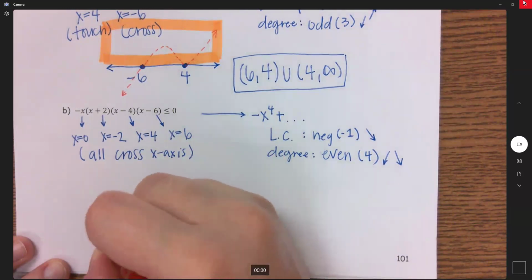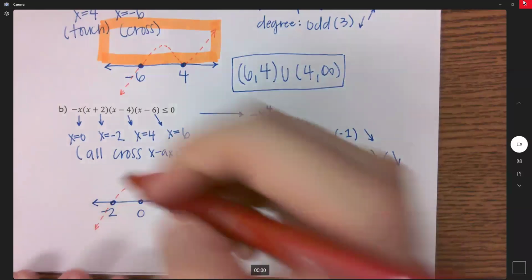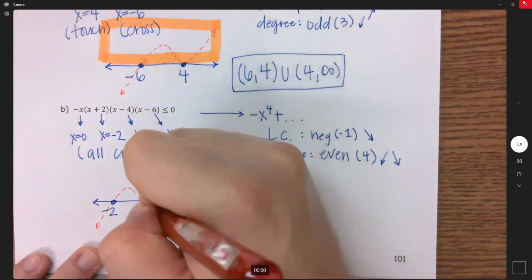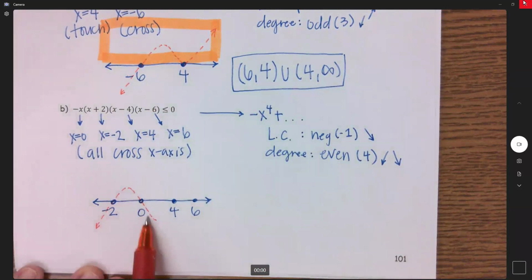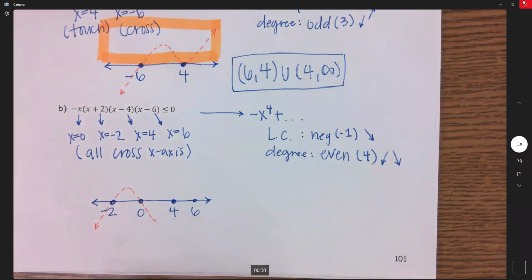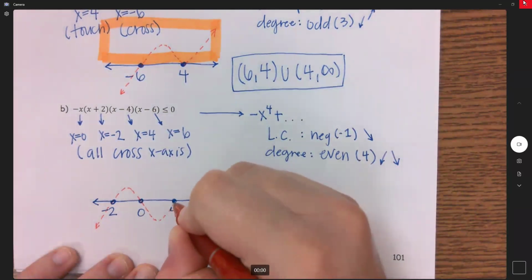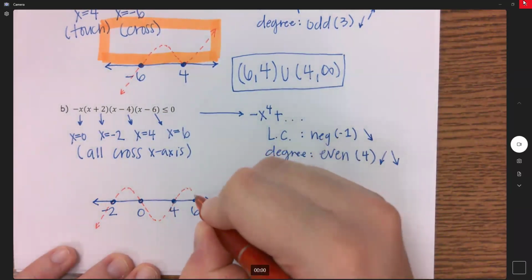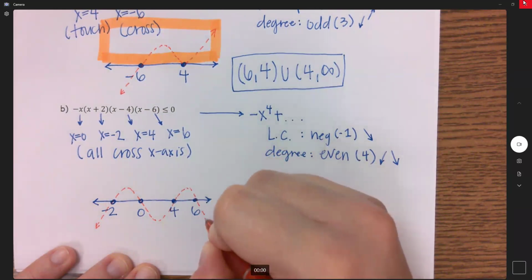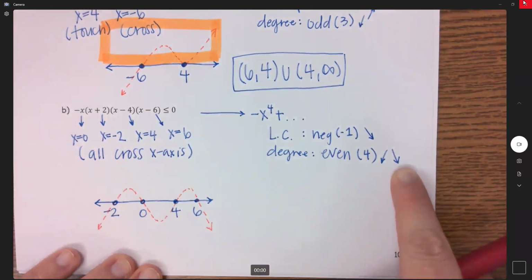So it's going to start down, then it's going to cross through -2. It's going to turn around, and it's going to cross through 0. I have no idea how high it's going to go or how low it's going to go, but that's not important to answer these questions. So now it's going to turn around at some point, cross through, and then turn around at some point and cross through. And then it's going to end down, which is what we said it would do.